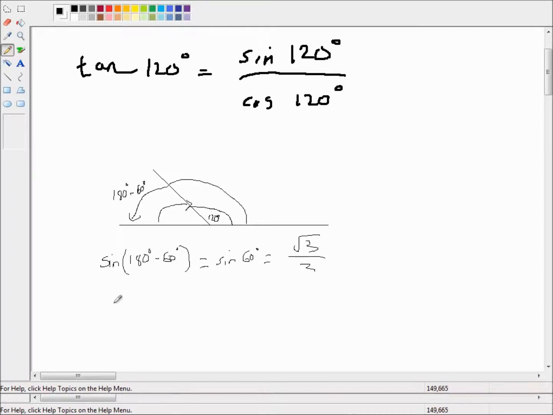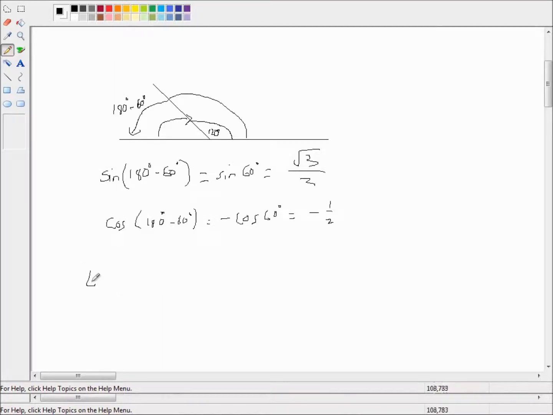And I also know that the cosine of 180 degrees minus 60 degrees is equal to the negative cosine of 60 degrees. And I also know that that will be minus 1/2, because the cosine of 60 degrees is 1/2.